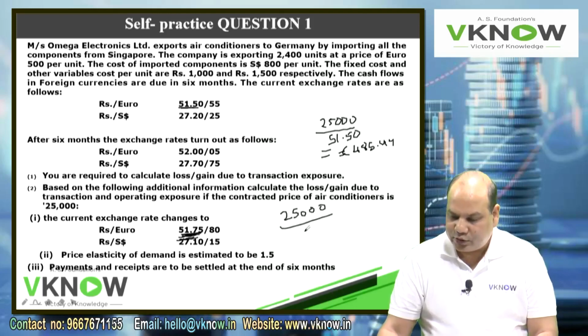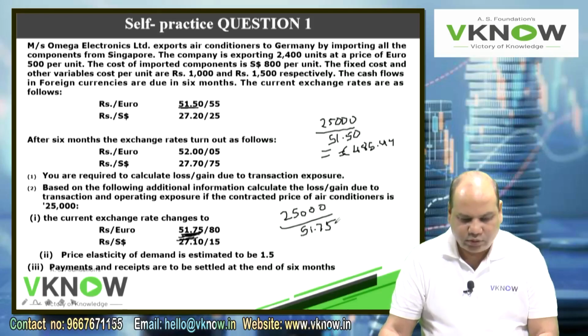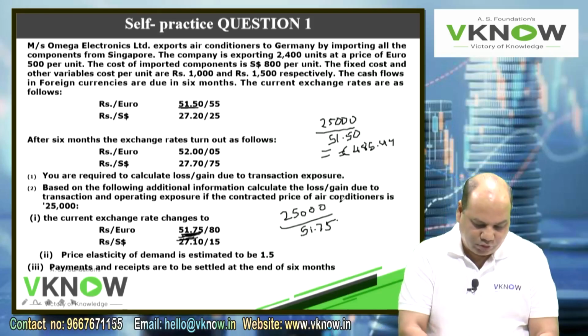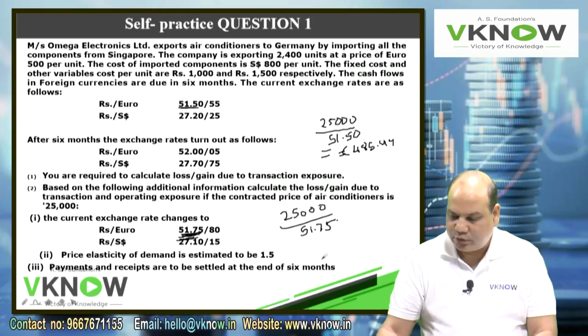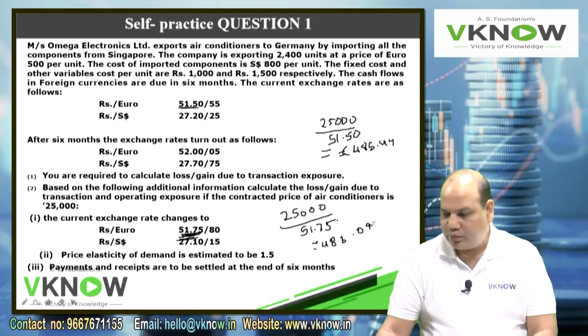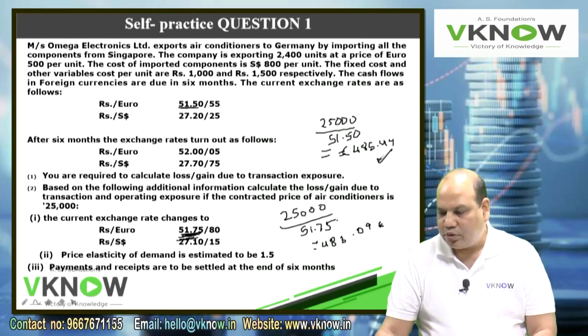So 25,000 divided by 51.75, how much is that? It has become 483.09 euro. The same air conditioner which earlier used to cost him 485.44 euro, now it will cost him 483.09.